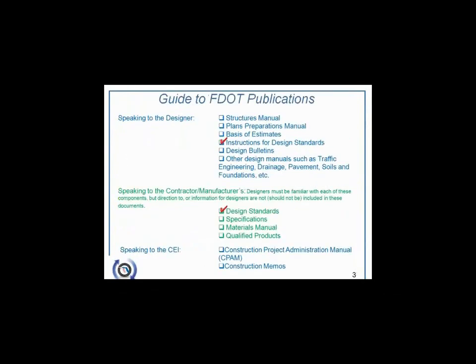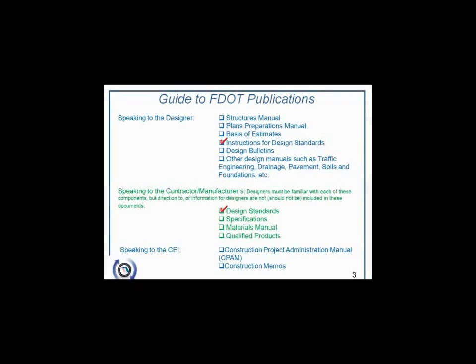All right, in this session we'll be focusing on the instructions for design standards and the design standards. The IDS is part of the family of publications that speak to the designer. And one thing that sets the IDS apart from the structures manual and the plans preparation manual, etc., is that the IDS provides guidance applicable only to the use of the design standards.